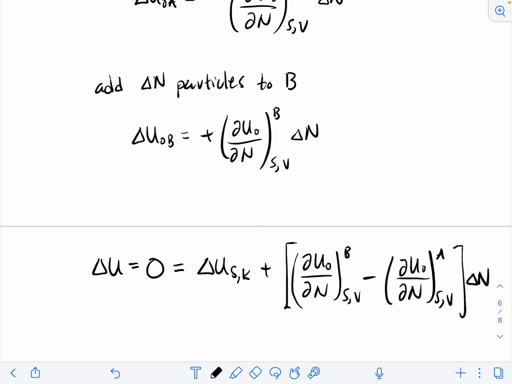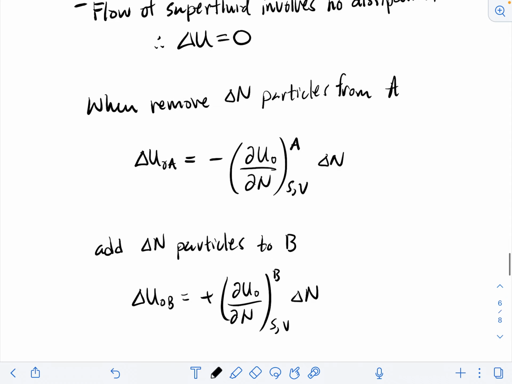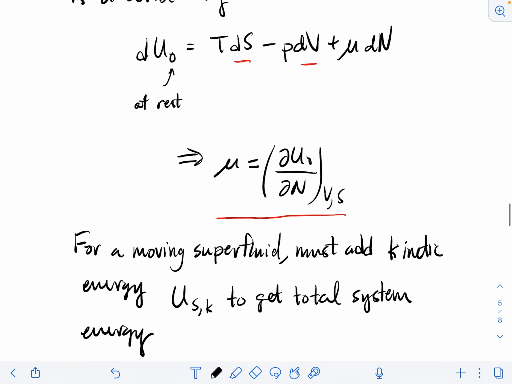So we moved delta n particles out of volume A and into volume B. Okay, but dU0/dn at constant V and S is just the chemical potential.